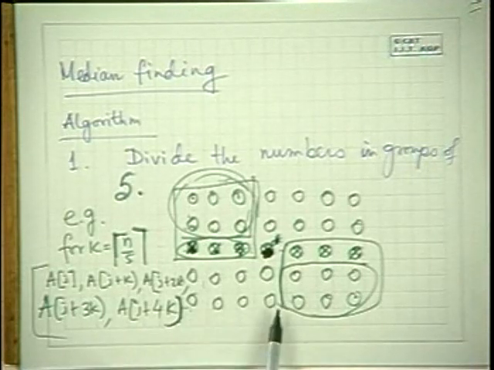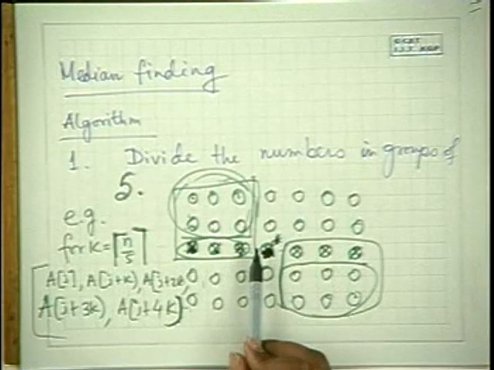I'm not asking about this example. In general, I'm asking, when there are n elements? 3k by 2. Yes. Who said it? That's very good. Yes, 3k by 2. In terms of n, what does it mean? 3n over 10. Yeah.